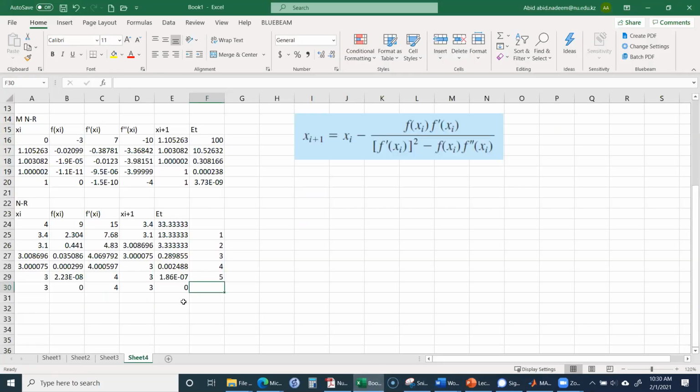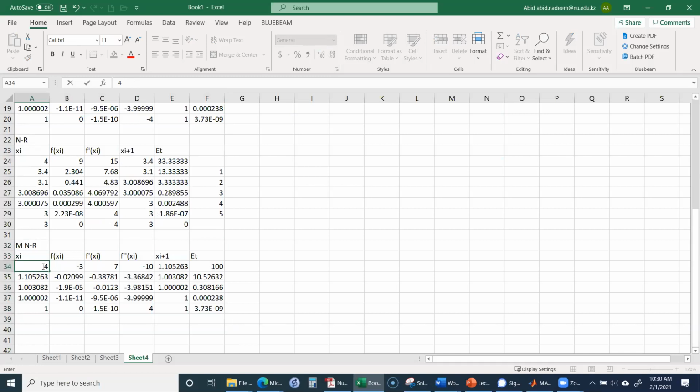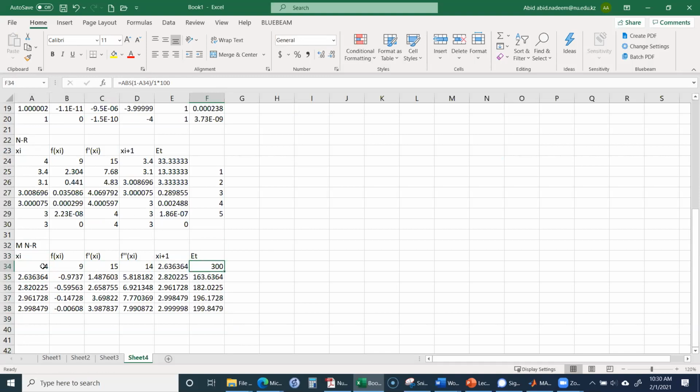So once we have already set up the Excel, it is now easier to find it. For the modified method, maybe I can just copy and paste the data over here, and then I try from number 4. Now I need to change this formula to 3, and then 3, and then I copy it down.